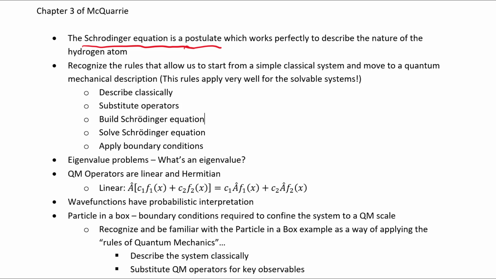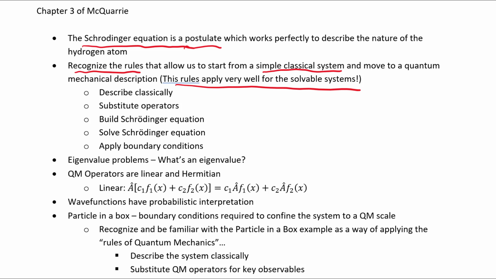What we're also doing in this chapter is we're going to recognize the rules that basically allow us to start from a simple classical system. You've heard me tell you about these rules several times, and we're going to think about how to move to that quantum mechanical description. These rules, of course, apply very well for all solvable systems.